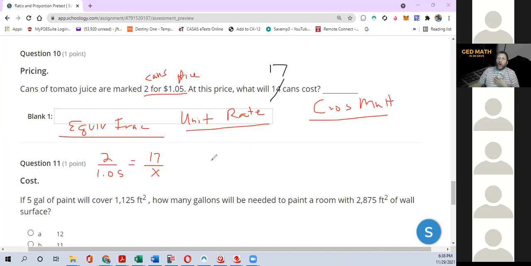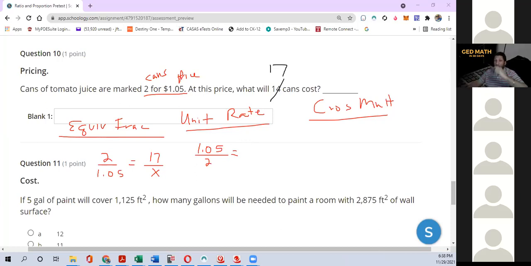How much does 1 cost? Okay, watch this. I'm going to show you something. Unit rate. $1.05 divided by 2 will give me how much 1 will cost. Does everybody understand that? Yes.